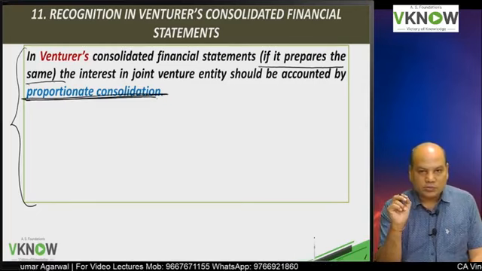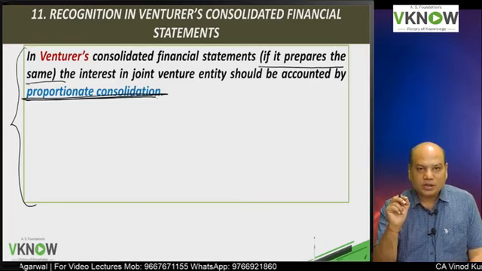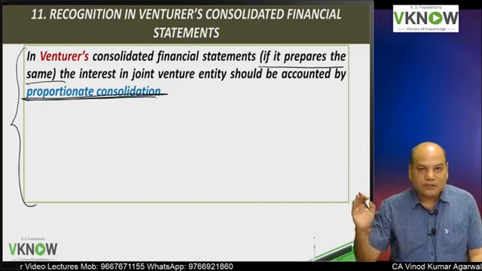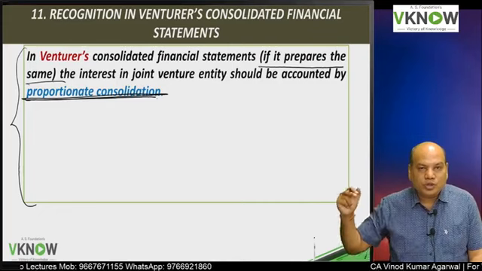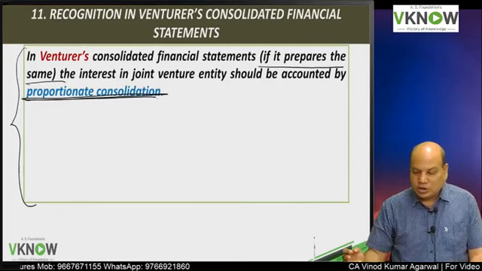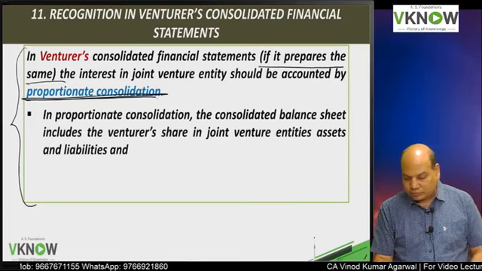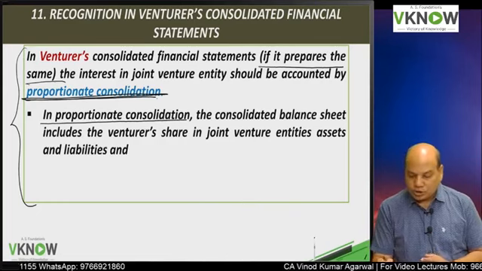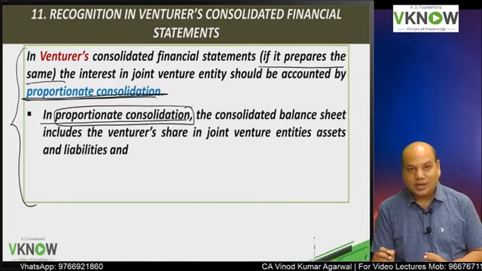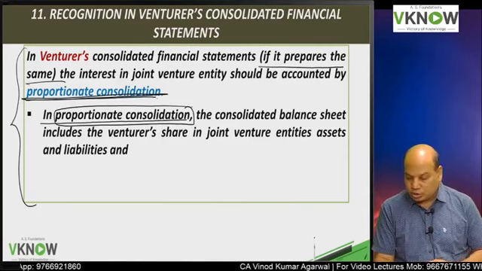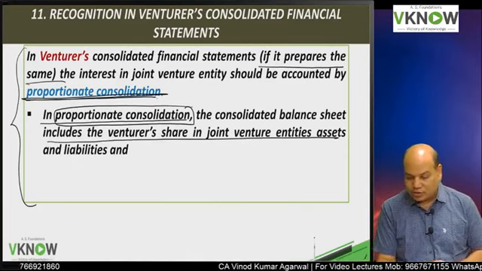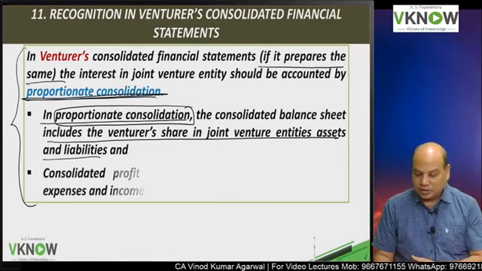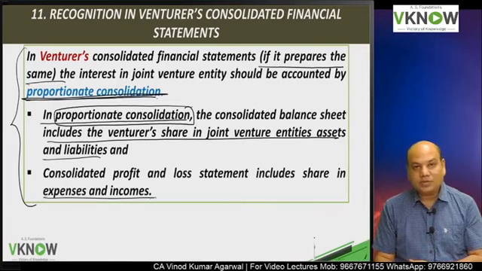So if a venturer does not have a subsidiary, it will not prepare consolidated financial statements, and therefore it need not follow the proportionate consolidation method for a jointly controlled entity. So what do you do in proportionate consolidation? In the proportionate consolidation method, as the name indicates, you are going to record in the consolidated balance sheet the share of the venturer in the assets, liabilities, income and expenses.